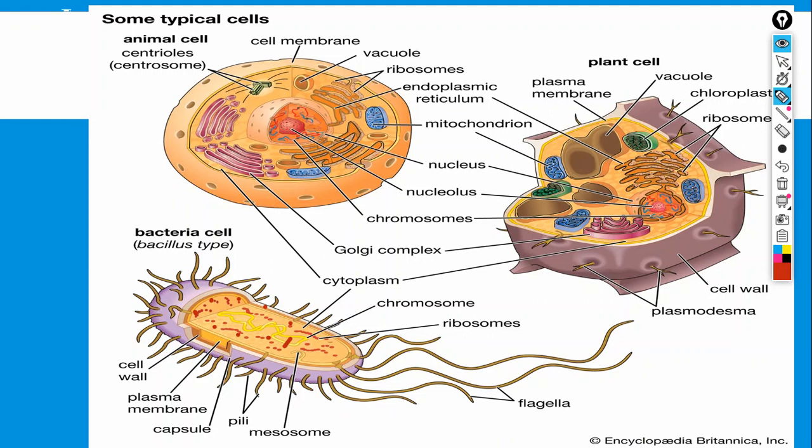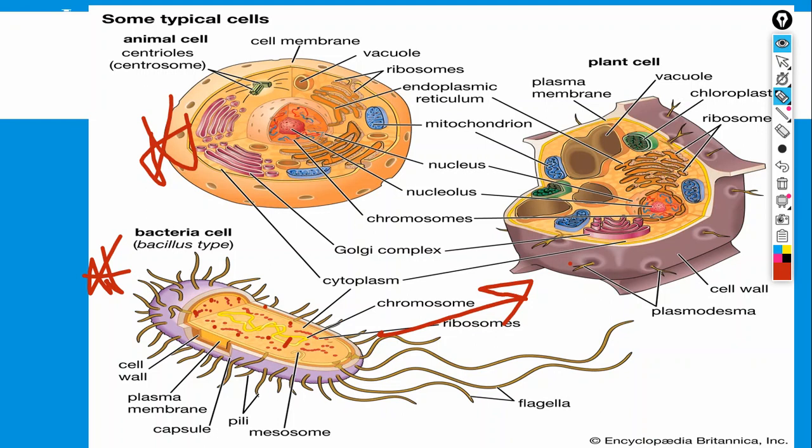And another big difference between this animal cell and this prokaryotic cell is the fact that they have a cell wall, which is a similarity to this guy, but they also have a plasma membrane, which is our own cell membrane also, and they have a cytoplasm also, right?